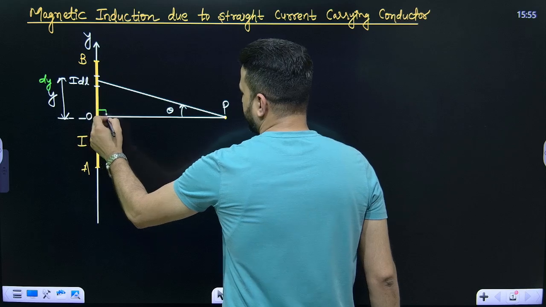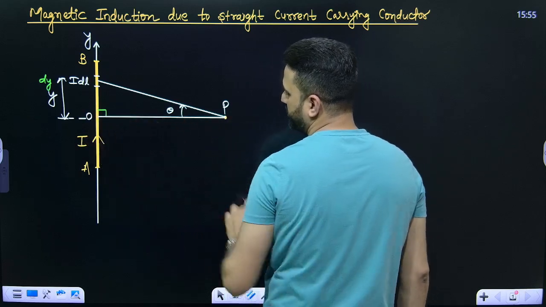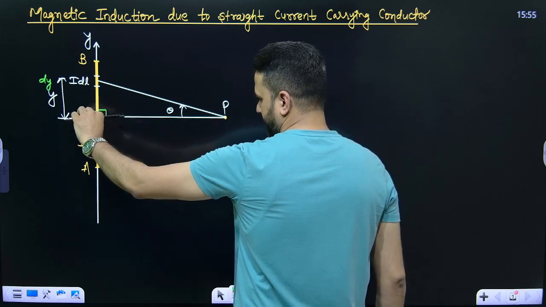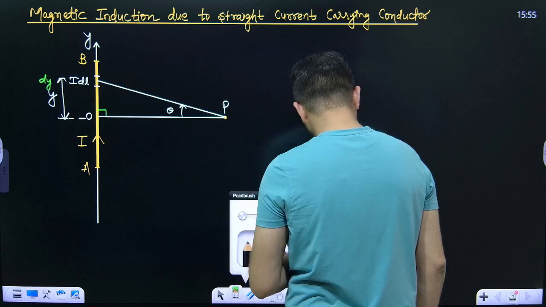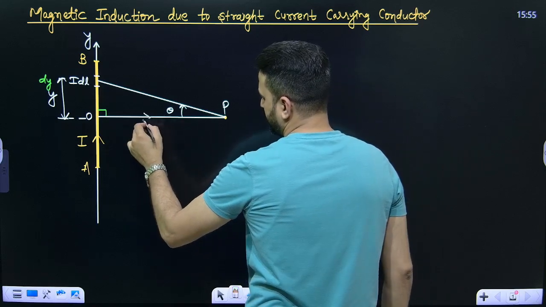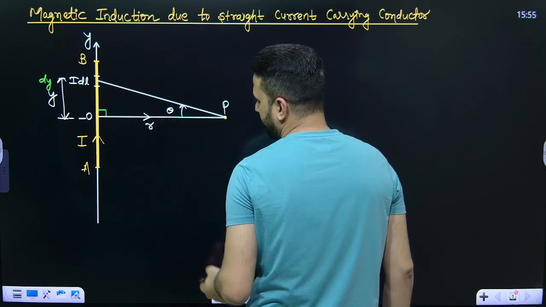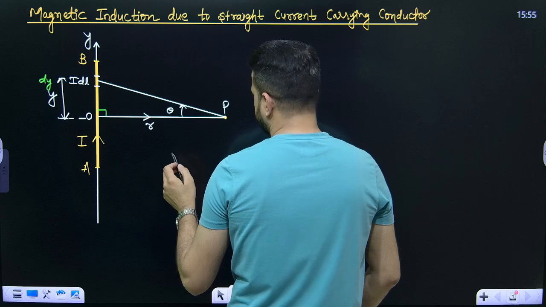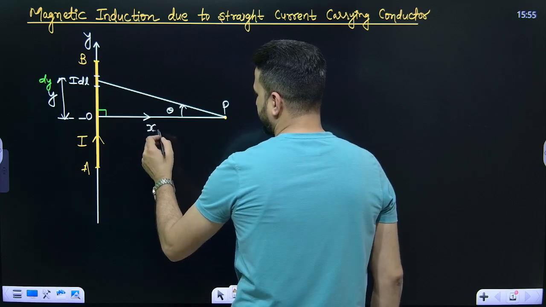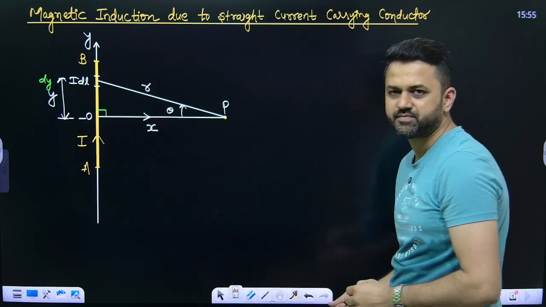This is the perpendicular distance from the conductor to the point of interest. We draw the perpendicular line from the conductor to the point of interest, and let this distance be r, since it is along the x axis.